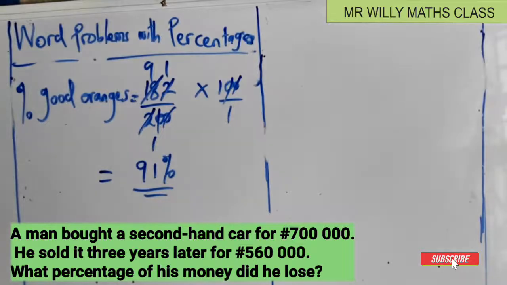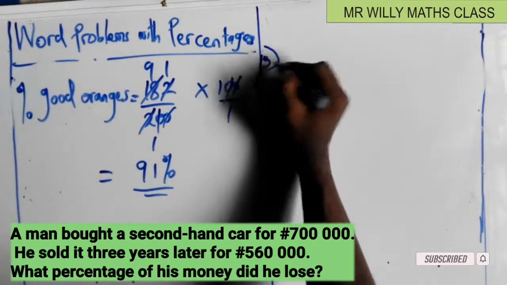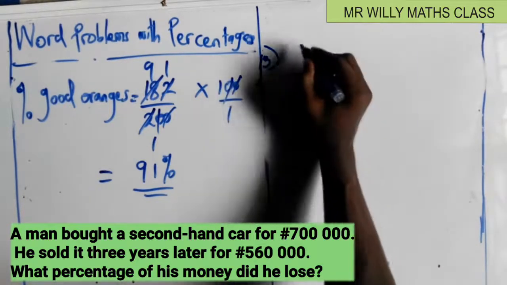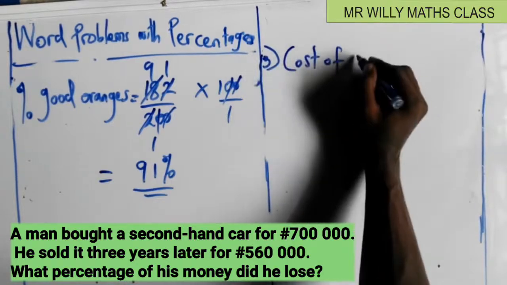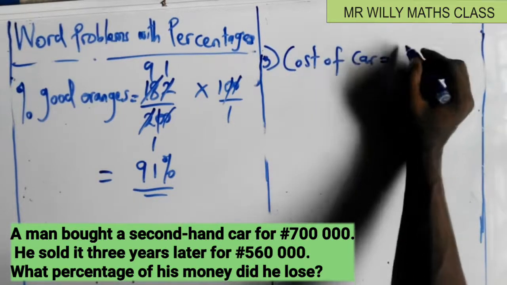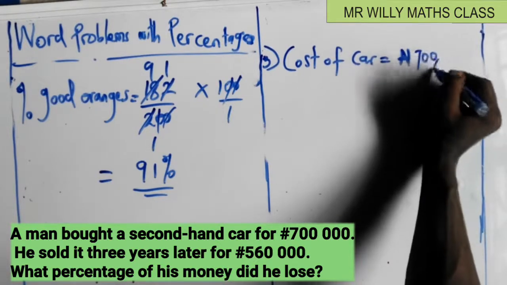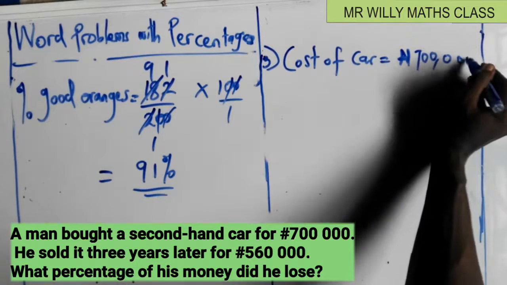Now, the second-hand car was bought for 700,000 naira. The cost of the second-hand car was 700,000 naira.